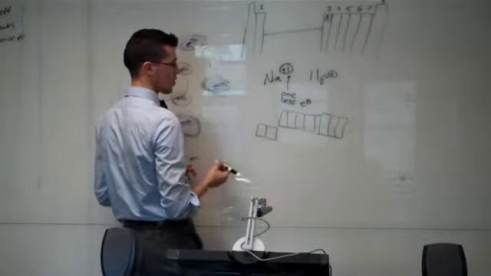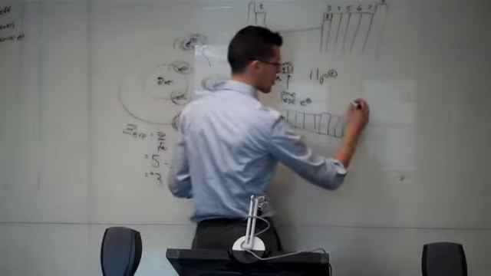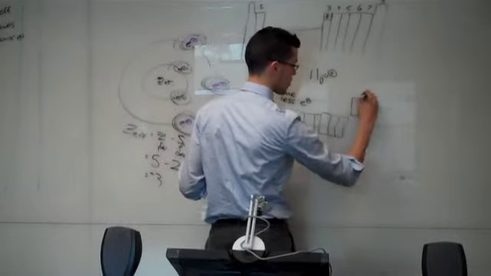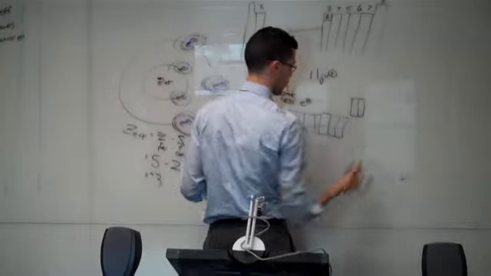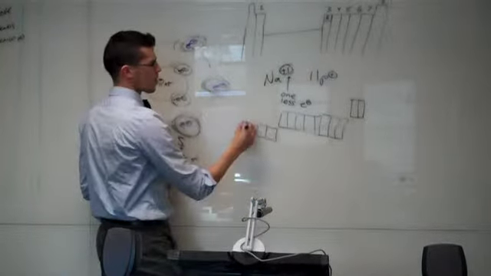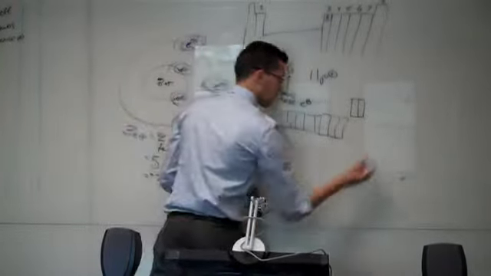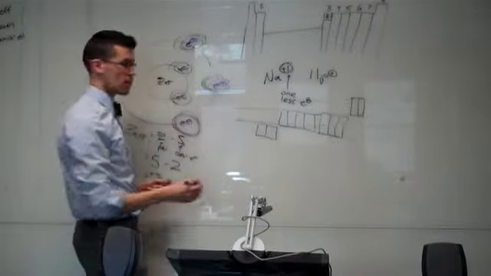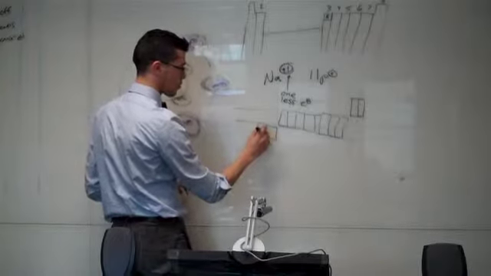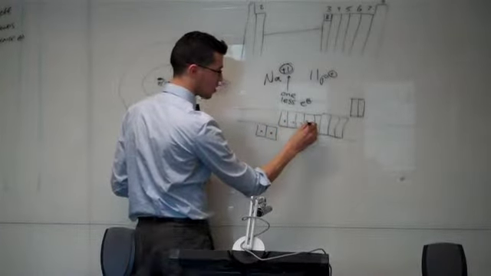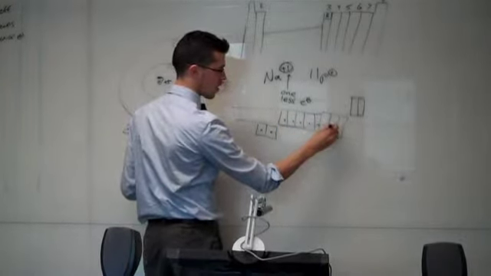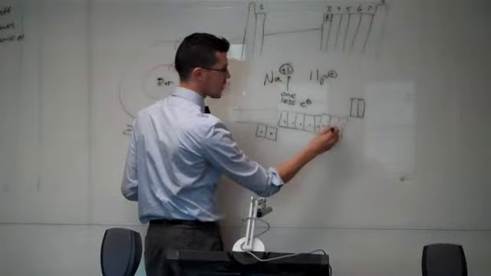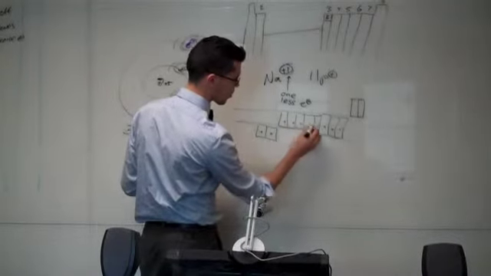Here's the first level, here's the second level. Since we now have only 10 electrons, you can fill in these boxes 1, 2, 3, 4, 5, 6, 7, 8, 9, 10, because it's 2 and 8.